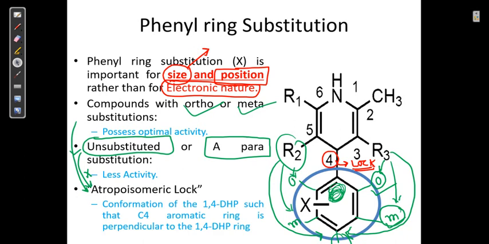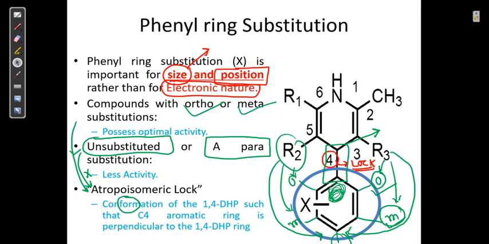What is an isomeric lock? If we say conformational isomer, wherever we have a single bond, the groups can easily rotate, and due to rotation they are known as rotational conformations. So where will we do the lock? If we lock, then we have two doors, and we lock the door.